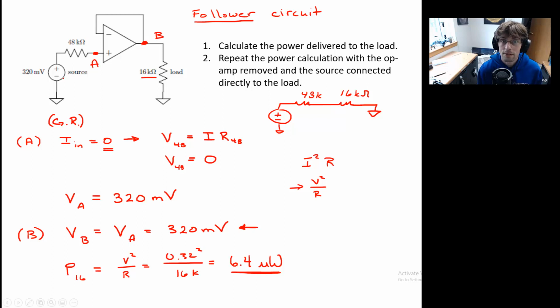And you can see the advantage of this is that it isolates, for lack of a better word, your load from whatever resistor you have preceding the op-amp. It makes sure that all of the power is delivered to the load rather than being split between the resistor and the load.